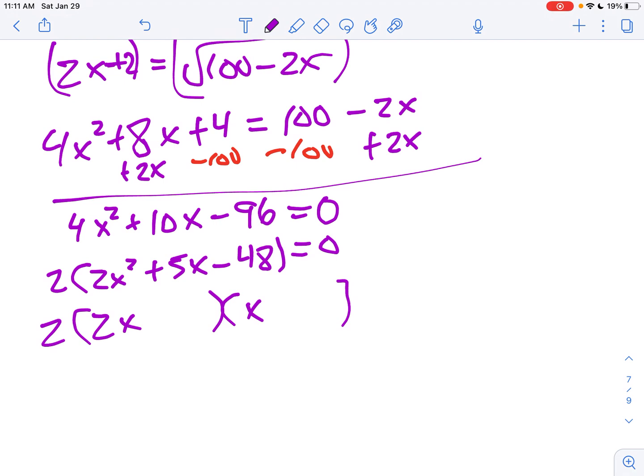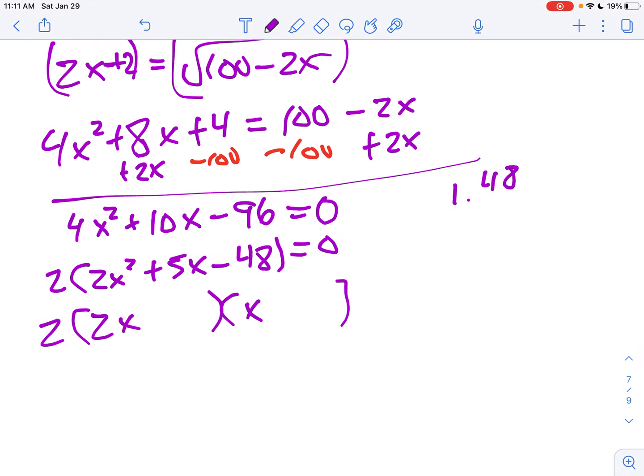So let's see here. I don't think 1 and 48 will work. I don't think 2 and 24 will work. If I go 3 and 16, 3 times 2 is 6. 16 minus 6 is 10. That won't work. 4 and 12. 2 times 4 is 8.